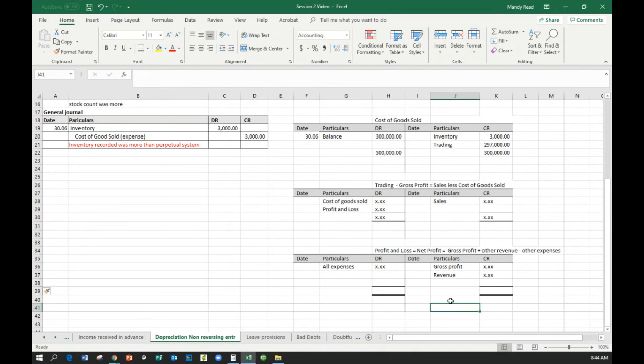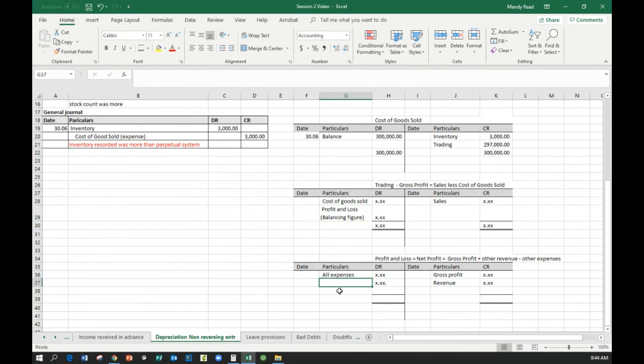Then it's really important that you understand that if we've made a net profit, our balancing figure will appear here. Just like we had our balancing figure here, our balancing figure is now going to appear here.